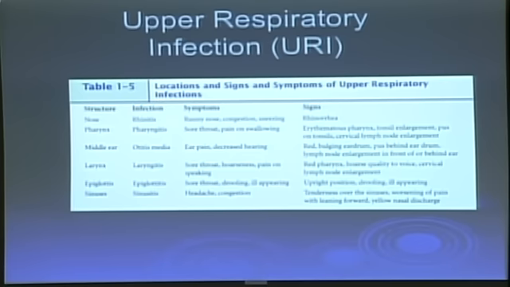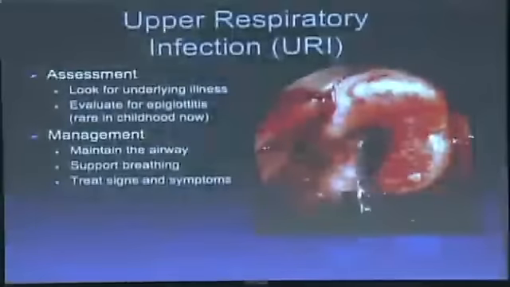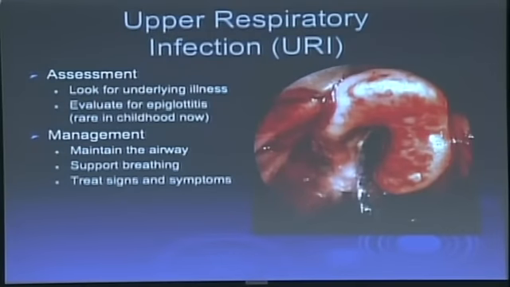Epiglottitis hardly occurs in children anymore because that also was caused by Haemophilus bacteria. Now they're immunized, they don't get it. This is a picture of epiglottitis. Adults get it now, and it's generally from staph, really in older children, adult kids, people that haven't been immunized. And it's a little bit easier to manage in adults.